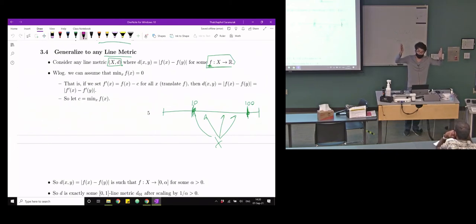You can see that the distance doesn't change at all. So without loss of generality, I can just translate things so that the minimum point is at 0.